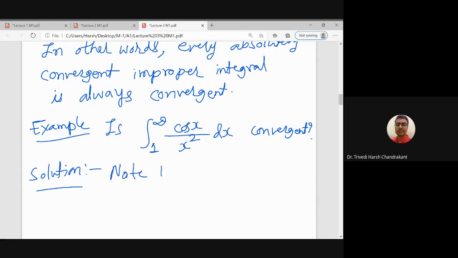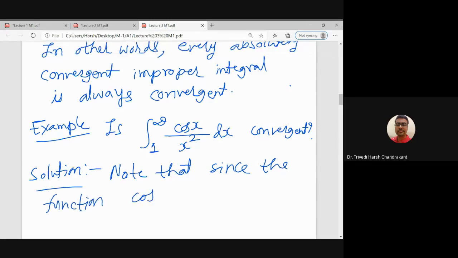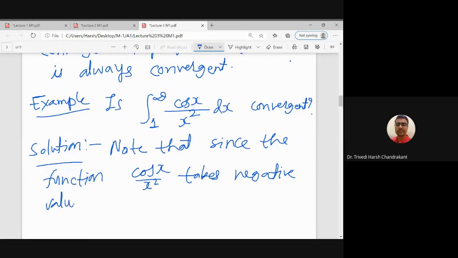Note that since the given function cos x by x square may take negative values, in fact it does take negative values, we cannot apply the comparison test.